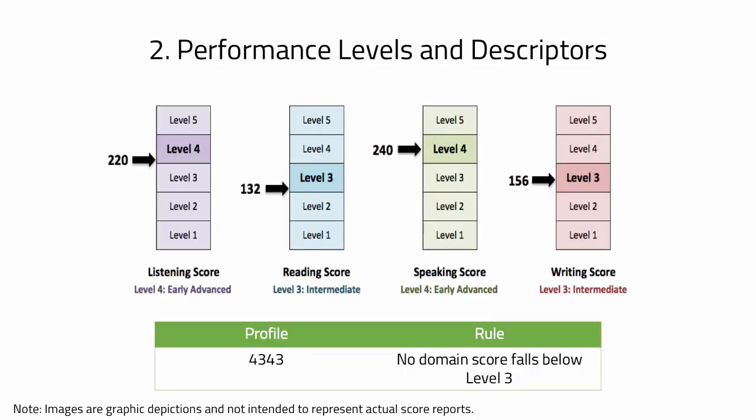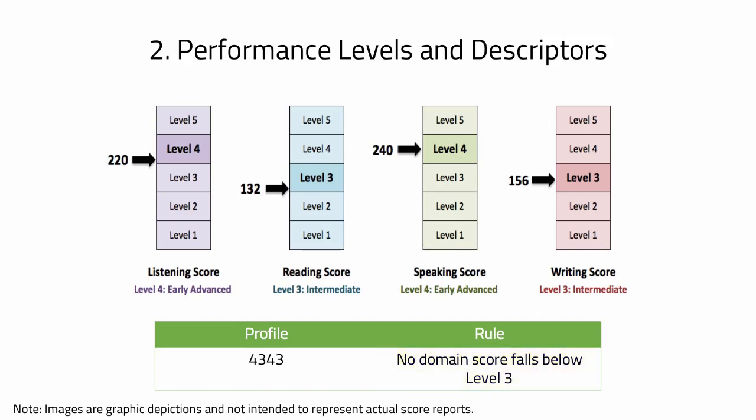Rather than reporting an overall composite score, as is traditionally done, the ELPA 21 Score Report provides profiles to describe students' performance across domains. These profiles may be expressed in one of two ways, either as 4 numbers representing the level of performance on each of the 4 domains, or as rules that summarize a common pattern for sets of profiles.